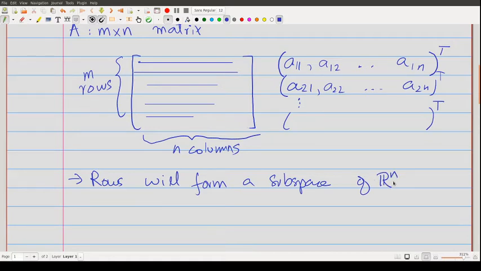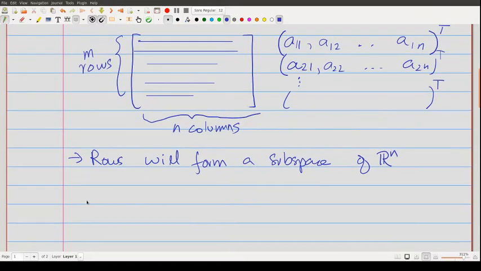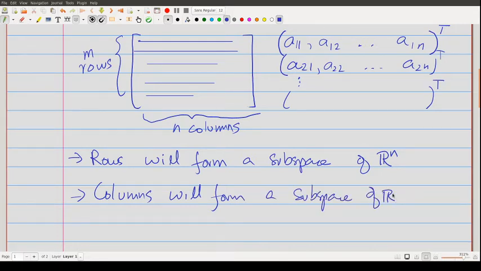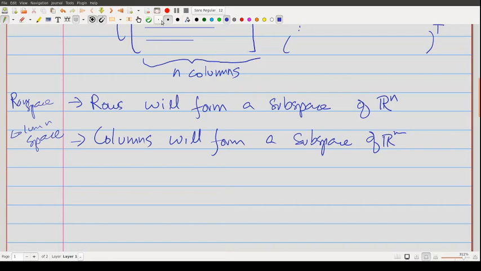They will span the entire Rn if they are linearly independent and there are as many vectors as required, but they will form some subspace of Rn. Each of these vectors has n elements. Secondly, the columns will form a subspace of Rm, and that's precisely what we call the row space and the column space of the matrix. Okay.